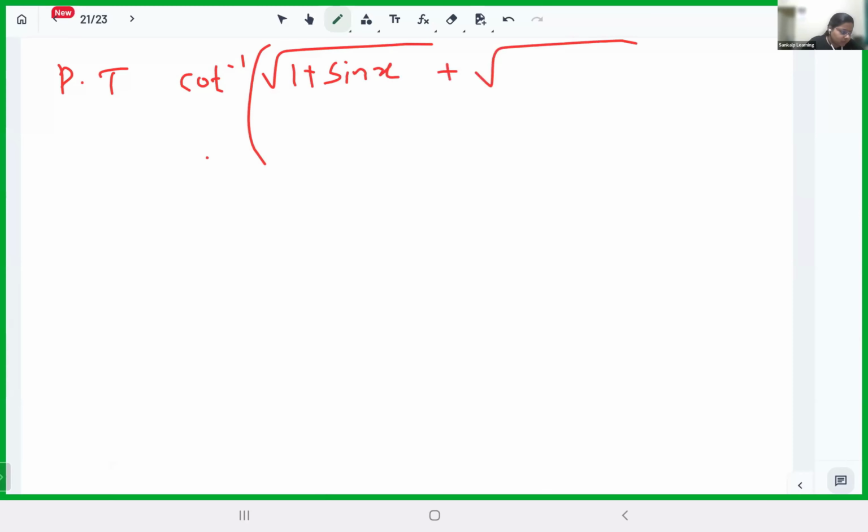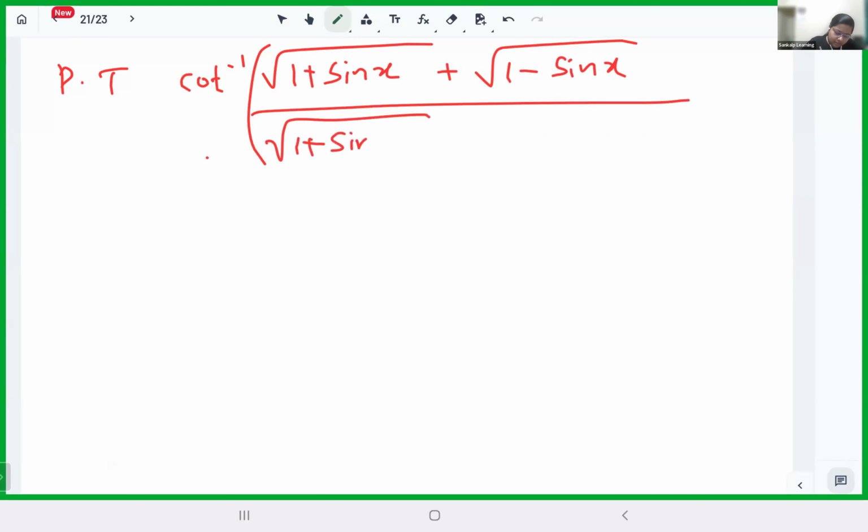Prove that cot inverse of root of 1 plus sin x plus root of 1 minus sin x, divided by root of 1 plus sin x minus root of 1 minus sin x, is equal to x by 2.